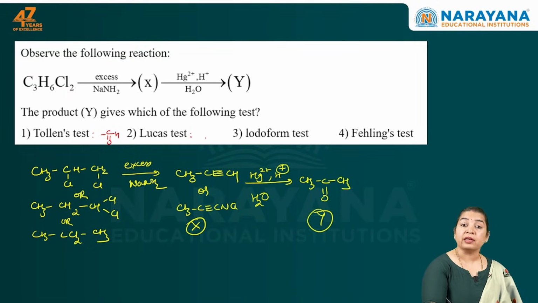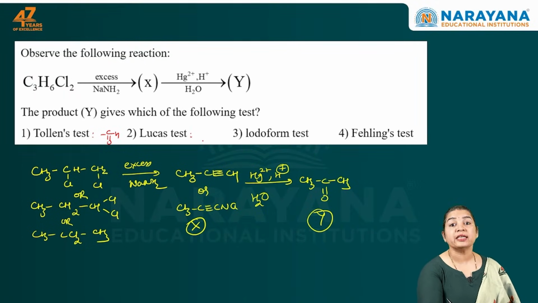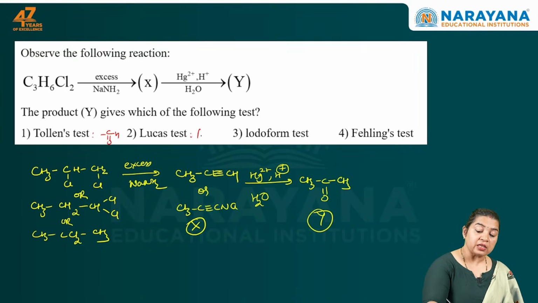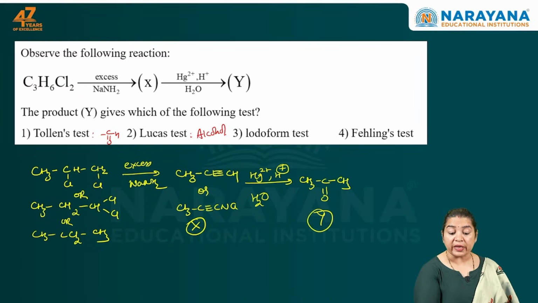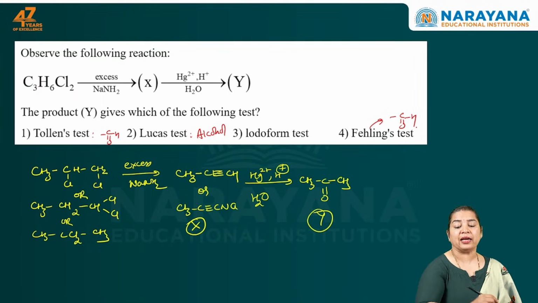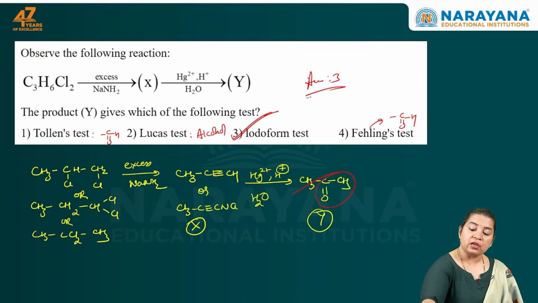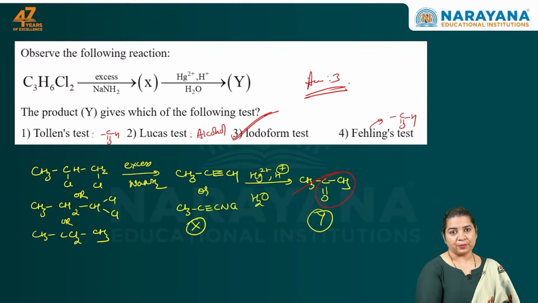Lucas test is concentrated HCl plus ZnCl2 reaction, a test to distinguish 1 degree, 2 degree and 3 degree alcohols, not possible. Fehling's is again primarily for aldehydes, not possible. Iodoform, yes, it is a methyl ketone and methyl ketones do give the iodoform test. Acetone gives the iodoform test. So, the answer is third.